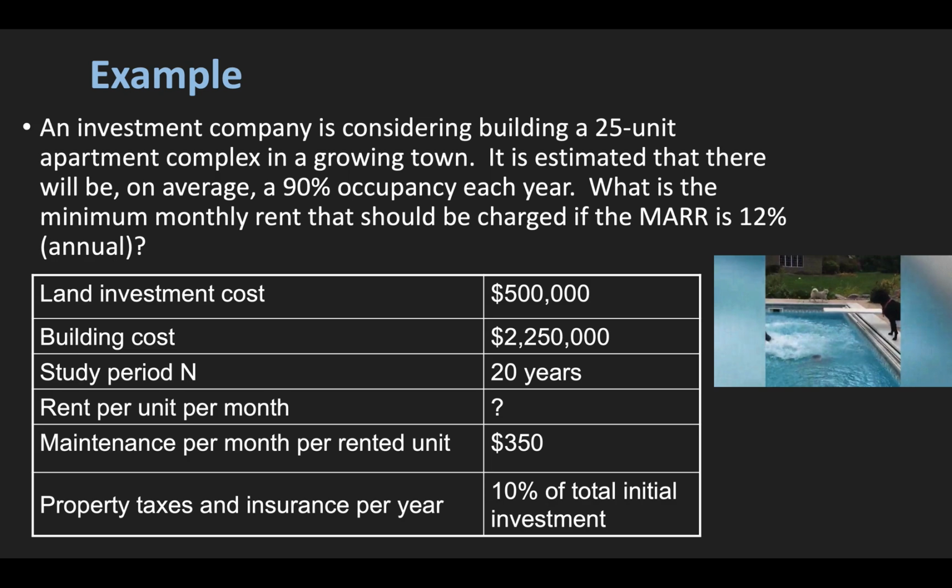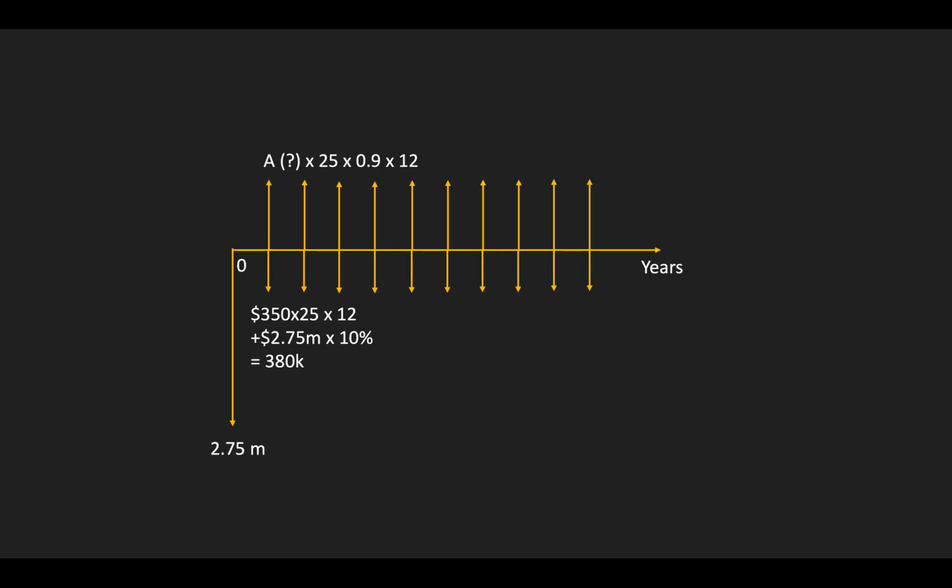So again, first, draw the cash flow. Based on the cash flow, think about what your strategy would be to calculate this, and then we can work on it together. All right, so I draw this cash flow.